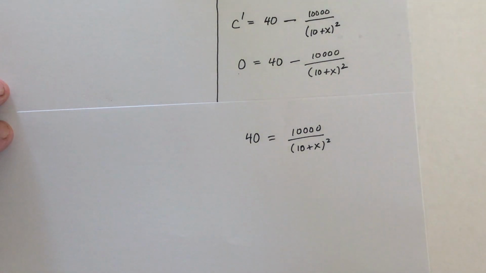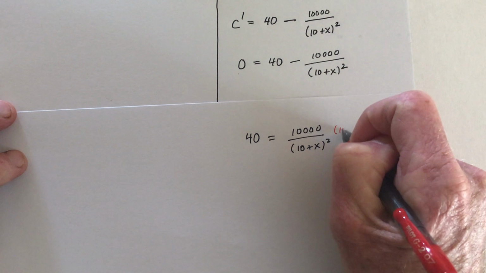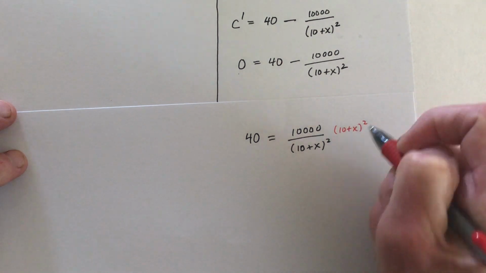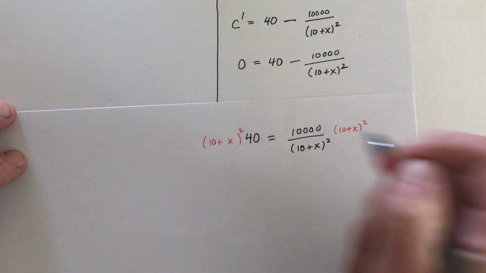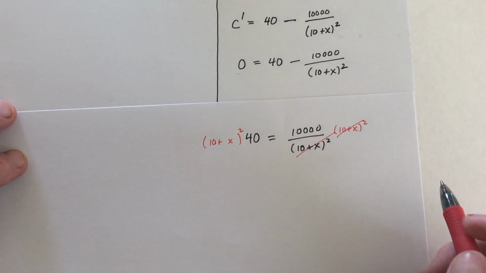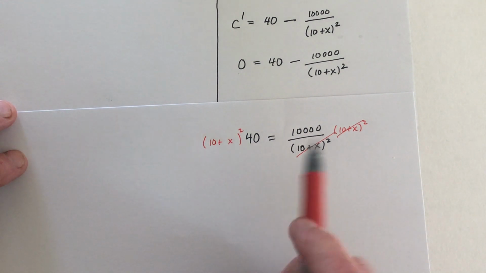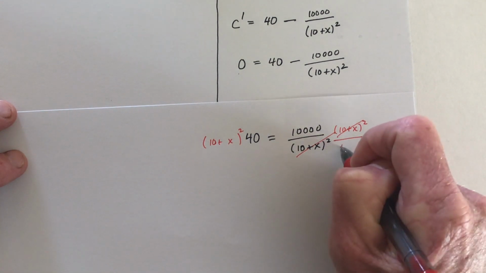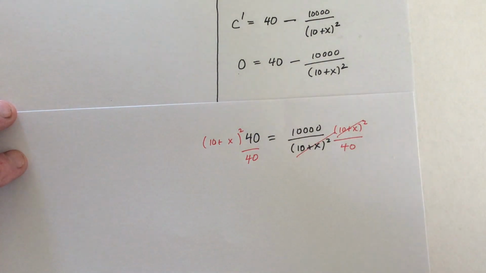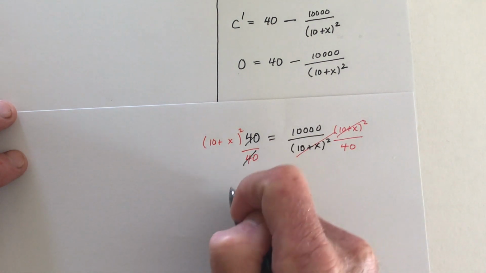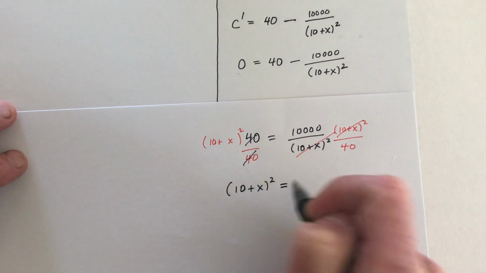The next thing that I would do is get rid of this fraction by saying multiply both sides by 10 plus x being squared, then these can cancel. And then once this is on this side, I'll just divide both sides by 40. And these will cancel, leaving just the 10 plus x being squared.